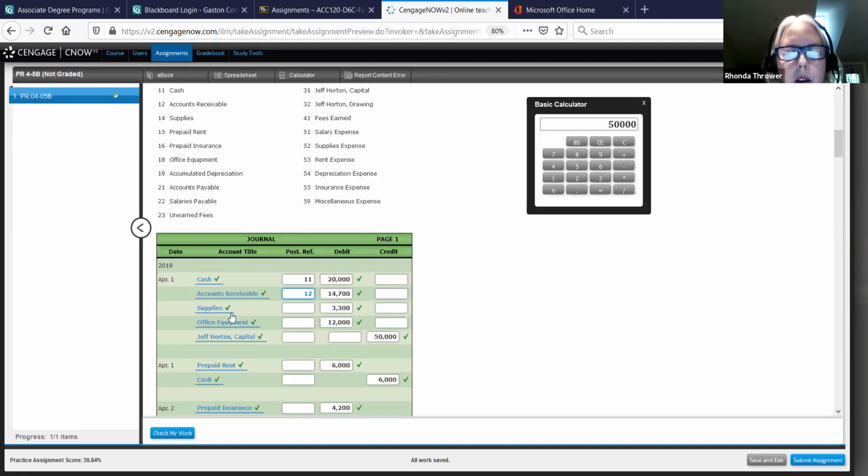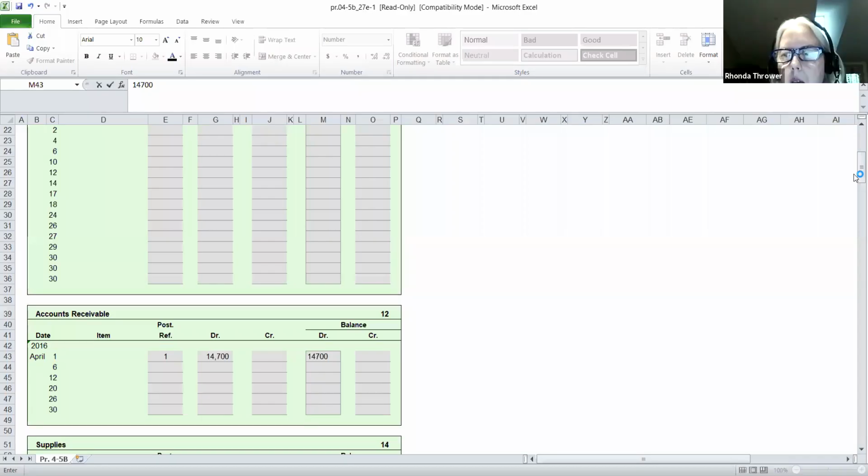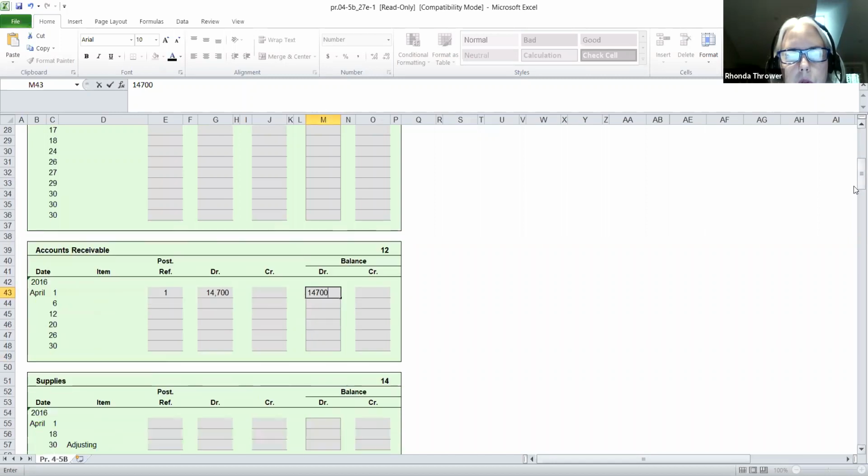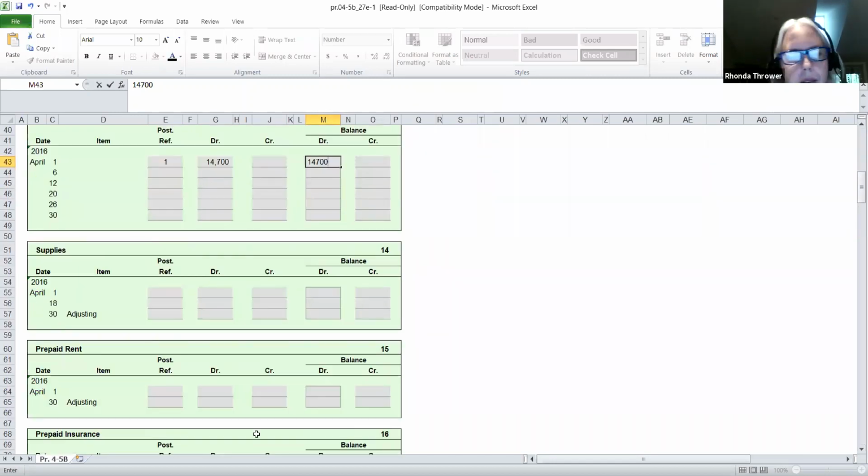The next account that I'm going to pick up is my supplies account. I'm going to go to my general ledger, and I'm going to put in my supplies account, journal page 1.